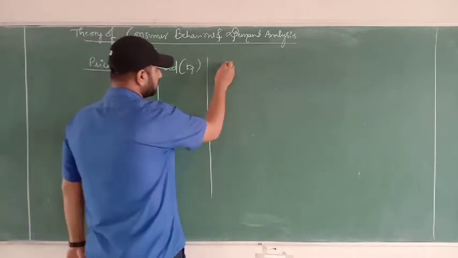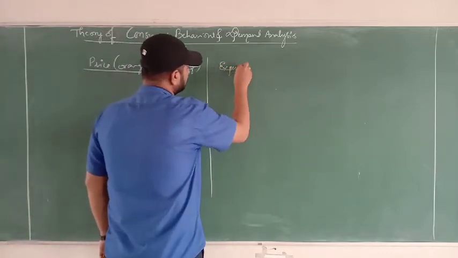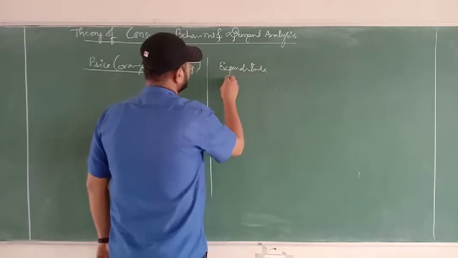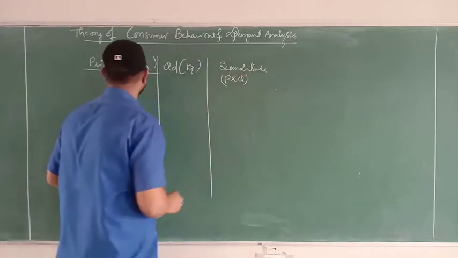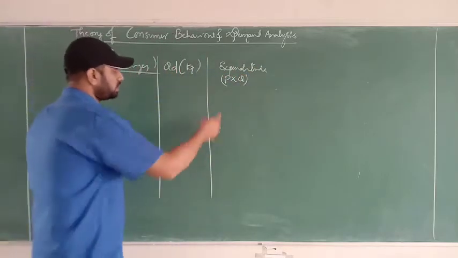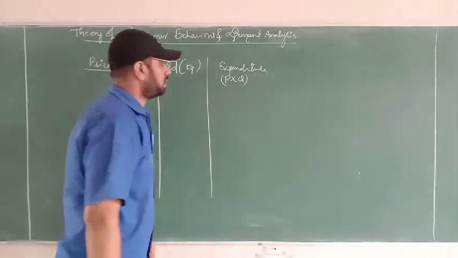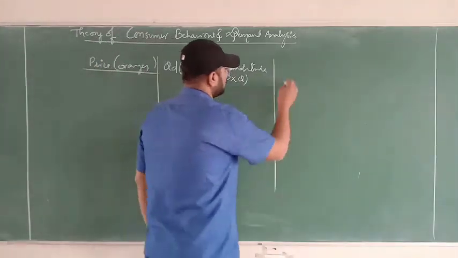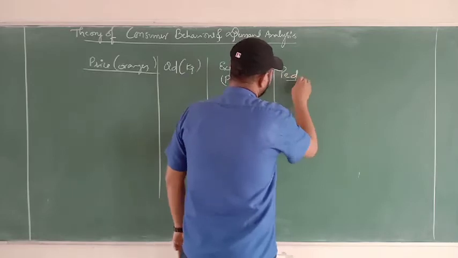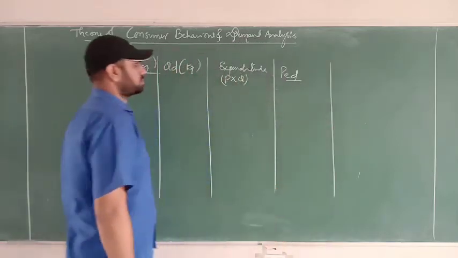Then the amount of expenditure, that is P into Q, means price with the quantity; when we multiply, we can get the amount of expenditure. The next one is about price elasticity of demand. Are you clear?